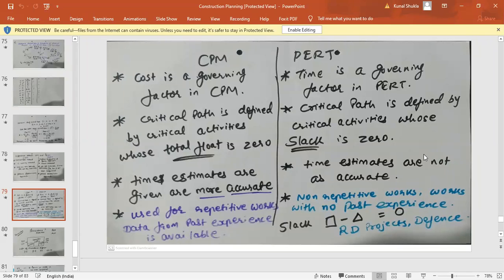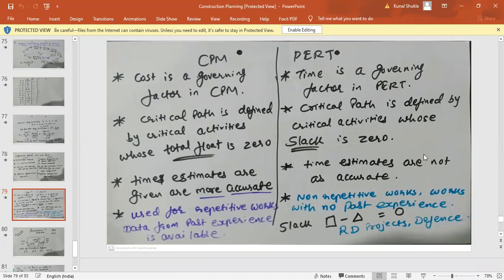That means suppose currently 25 days are there, okay, for the activity, and your total cost is 5 lakh rupees. Okay, so now suppose if I reduce the days, that is, somebody, the project manager, tells me that you have to finish this work, instead of 25 you have to finish in 20 days. Okay, so what comes to my mind, that I have to bring extra resources on the site. I might have to bring the extra labors on the site, or extra material or extra machinery on the site.